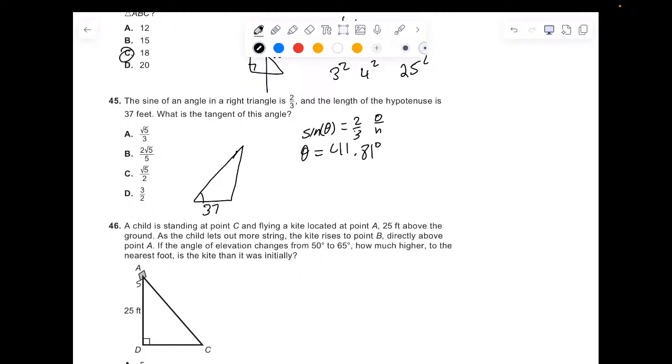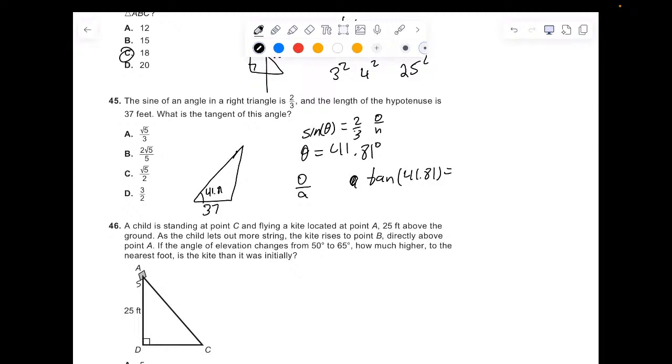Okay. And then we want the tangent, which is opposite over adjacent. Tangent of 41.81.